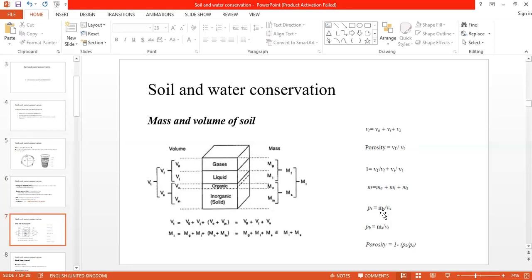That's the particle density. Then the bulk density is the mass of the solid phase divided by the total volume.